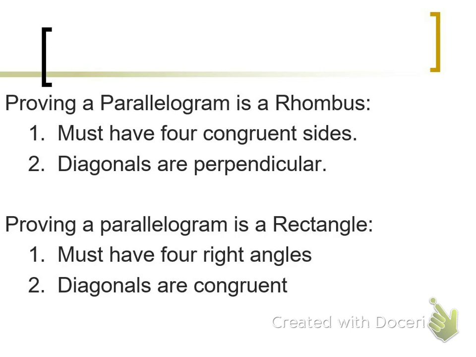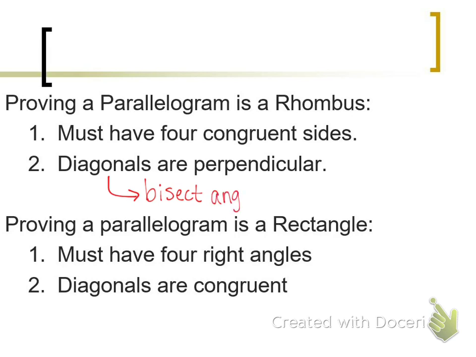Does anybody else remember the other thing that's true about the diagonals for a rhombus? They're not necessarily congruent. They do something to the angles. They bisect the angles. So diagonals in a rhombus are going to bisect the angles.